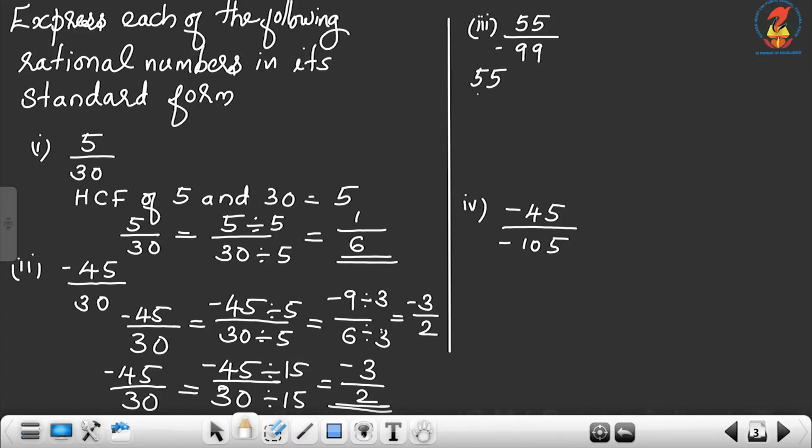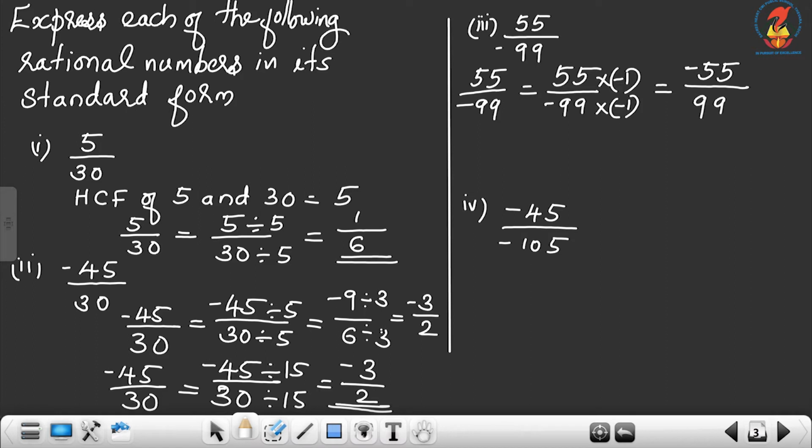Therefore, 55 by negative 99 is equal to, you have to multiply both numerator and denominator by negative 1. So, 55 into negative 1 equals negative 55, and negative 99 into negative 1 is equal to 99. So, we made the denominator a positive integer.